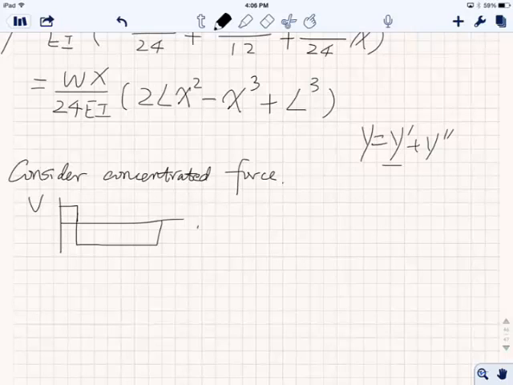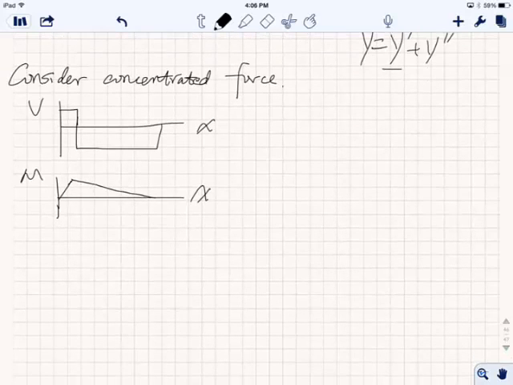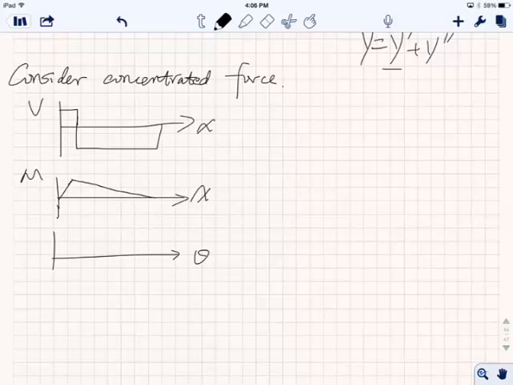This is your shear force, and then you have your moment, which goes upwards to a maximum, and then goes up. This is your moment. Also, you have your theta, which goes like this, passes through right here like that.